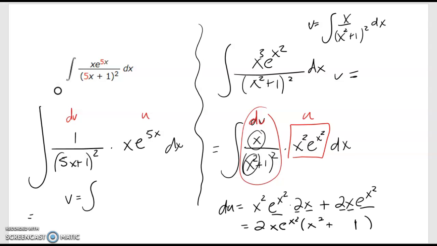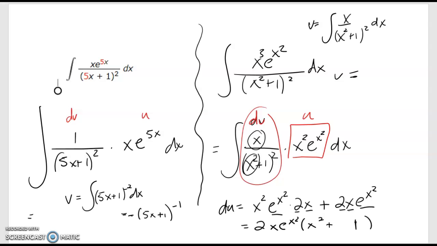V would be the integral of 5x plus 1 to the negative 2 dx, which is equal to, yeah, you could do a u substitution. This one's pretty straightforward though. The power should be negative 1. The base should be 5x plus 1. And then I ask myself, if I'm going to take the derivative of this, I need to get this. So bring down the negative 1, so I need a negative here.